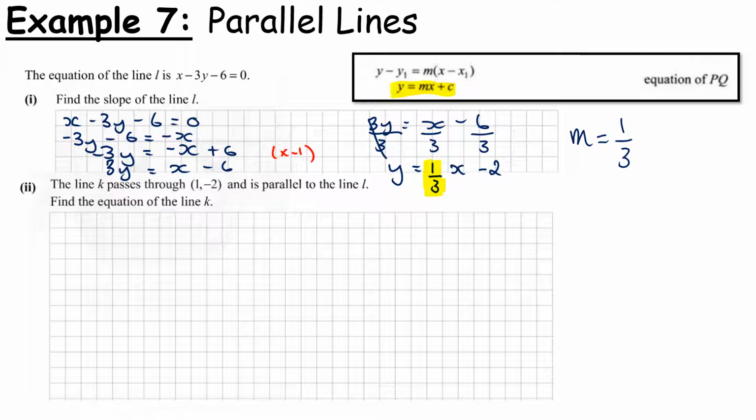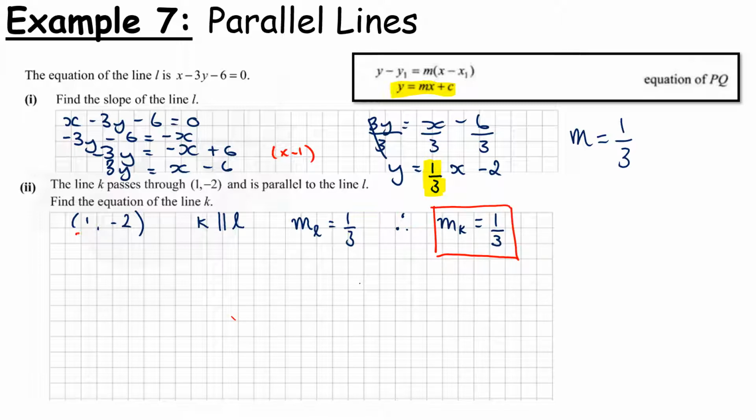Now, the line K passes through the point (1, -2) and is parallel to L. So we know that if the slope of L is a third, therefore the slope of K must also be a third, because parallel lines have the same slope.